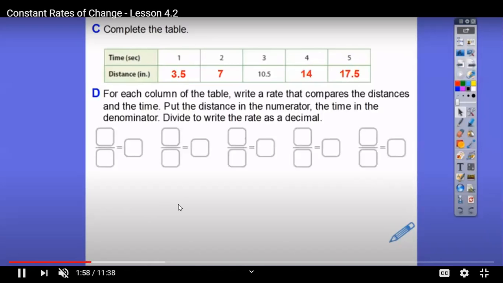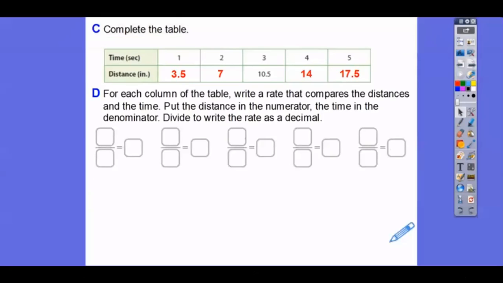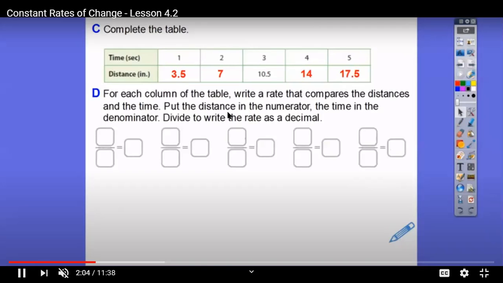For each column of the table, write a rate that compares the distance and the time. Put the distance in the numerator and the time in the denominator. So the distance will be in the numerator and the time will be in the denominator.